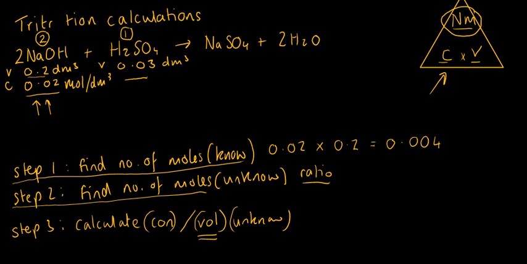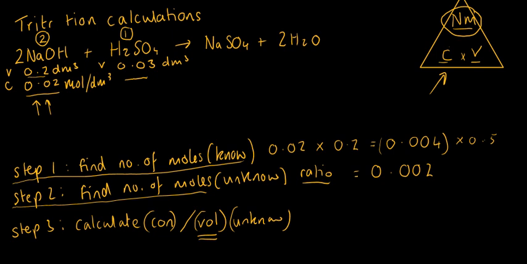And you can see that 2 moles to 1 mole means that you're going to have half the amount of moles. So therefore, I'm going to take this number of moles here and divide it by 2, which is going to give me 0.002 moles.